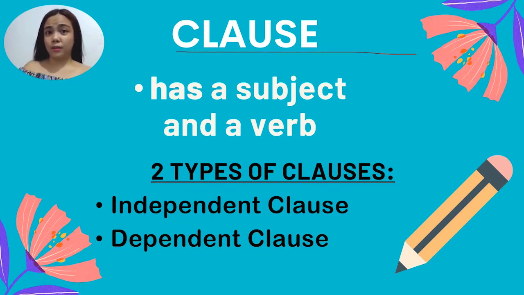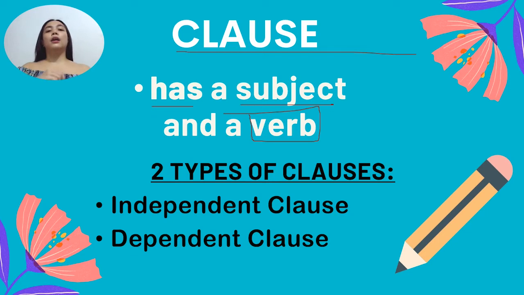Let's now go to what's a clause? This is the opposite of a phrase. A clause has a subject and a verb. Again, it has both subject and a verb. It cannot lack a subject or a verb, or else it's not a clause anymore. It's a phrase.